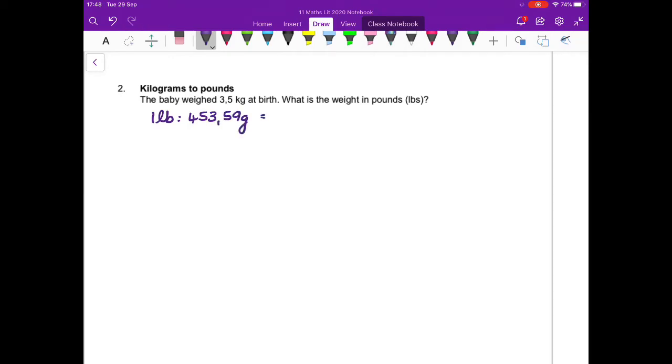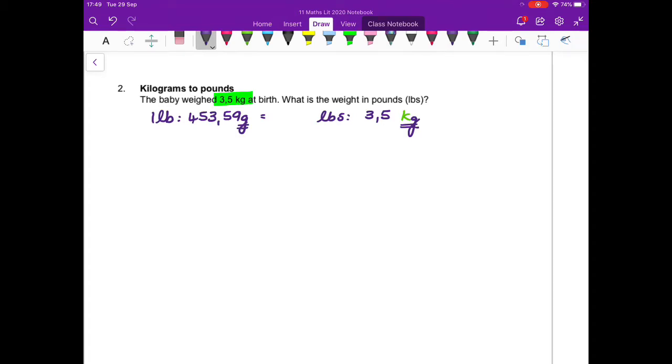That is my fact, equals, and I must have pounds first, so pounds to grams, and then I go back to my question. We've got 3,5 kilograms, so over here, this is not going to be grams, but it's going to be kilograms, and I've specifically chosen this one to show you that you have to do conversion. So I have 3,5 kilograms. If I've got grams there and kilograms there, I either convert the grams to kilograms or the kilograms to grams.